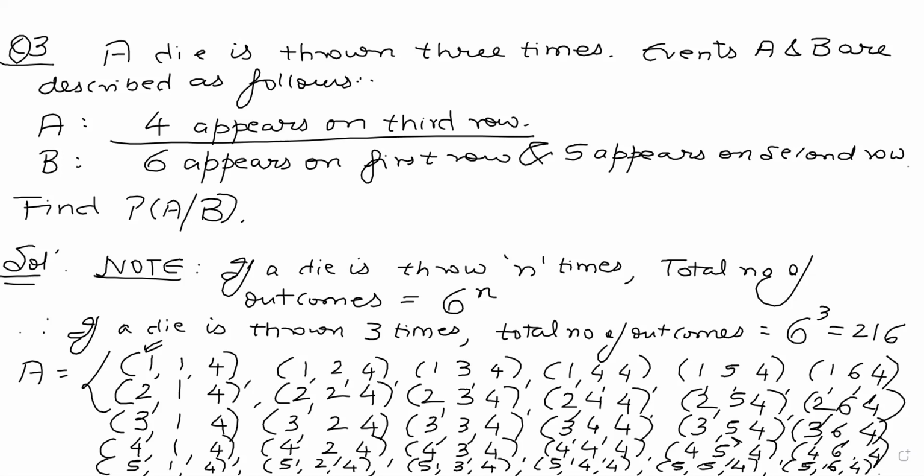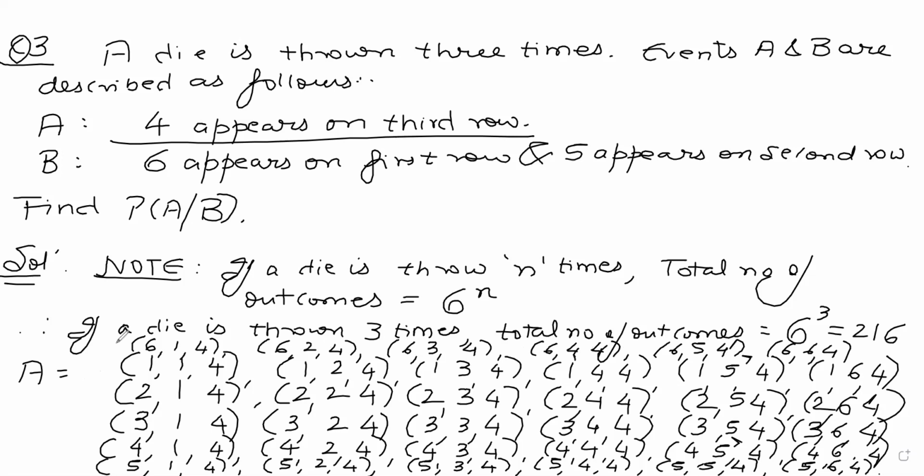And then I can write for 6 also: 614, 624. 4 is fixed in the end. 634, 644, 654, and 664. So these are all my outcomes in event A, where 4 appears on the third row.